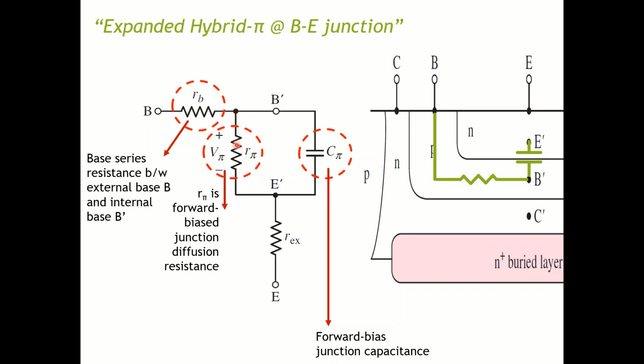R pi is basically the forward bias junction diffusion resistance, the resistance across this junction between B prime and E prime in here.